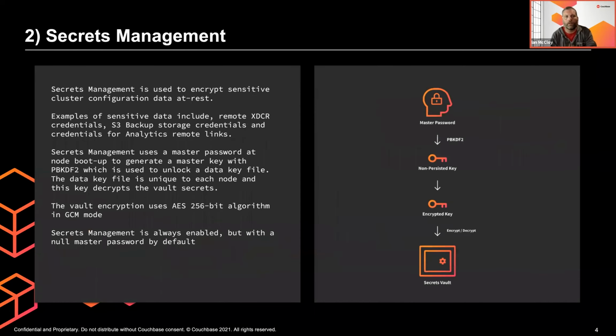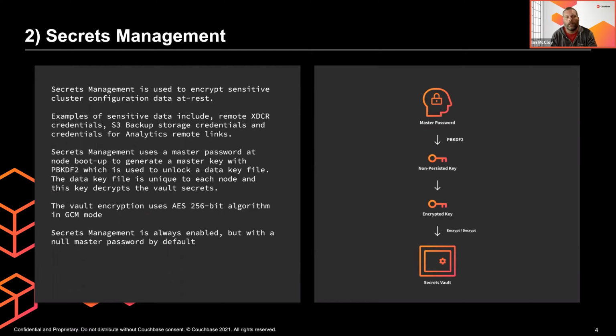So the next area we're going to look at is secrets management. Couchbase Server actually has a built-in secrets vault that is used to encrypt any sort of cluster-wide secrets that you don't want to be written to disk in an unencrypted format. Similar to encryption at rest we saw on the previous slide, this is specifically for secrets within the cluster.